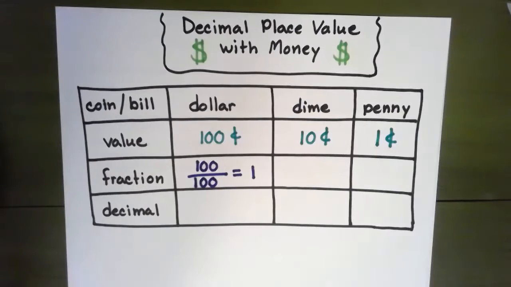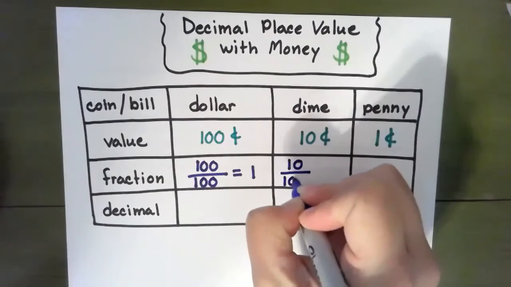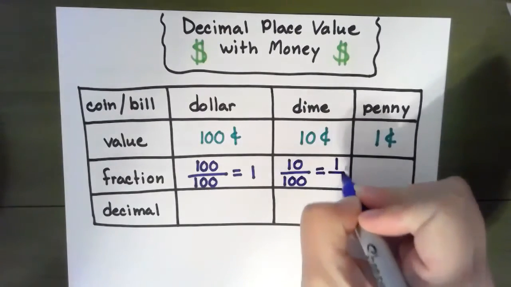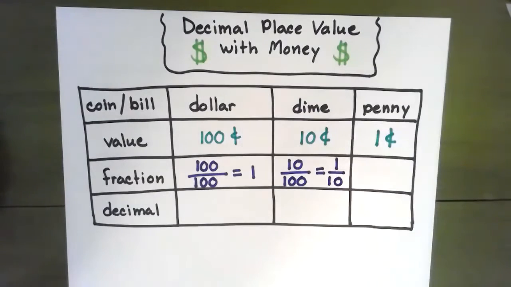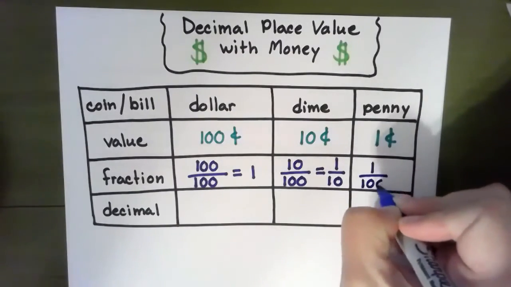How about a dime? We could write a dime as 10 hundredths, which is the same as 1/10. And the penny? You got it. It is 1/100th.